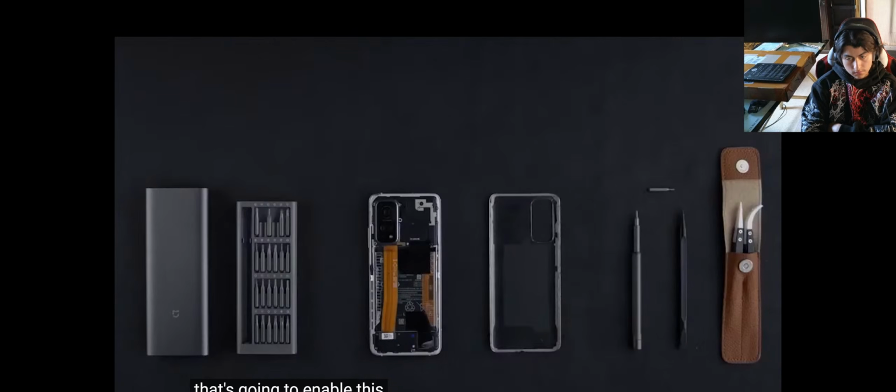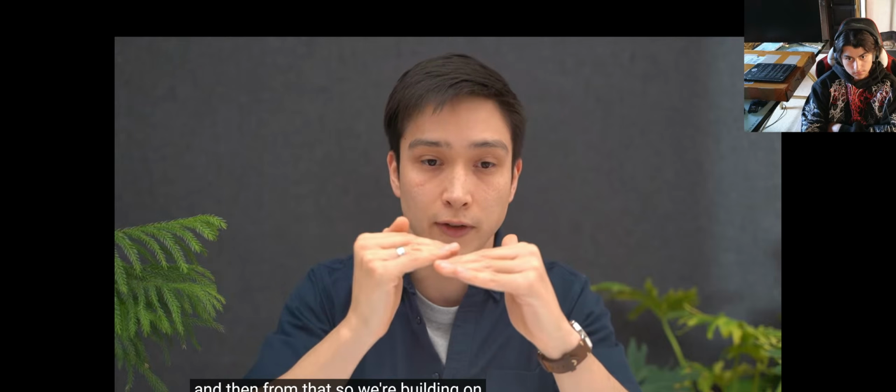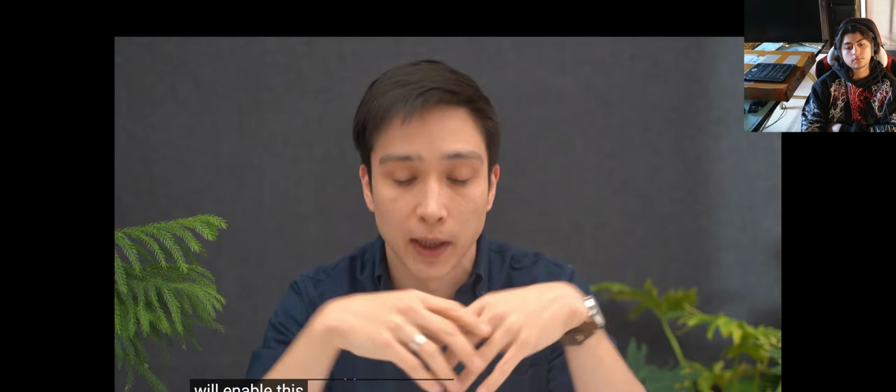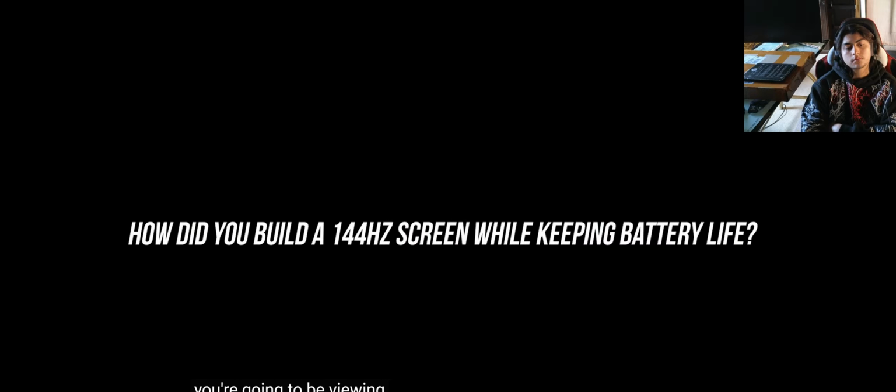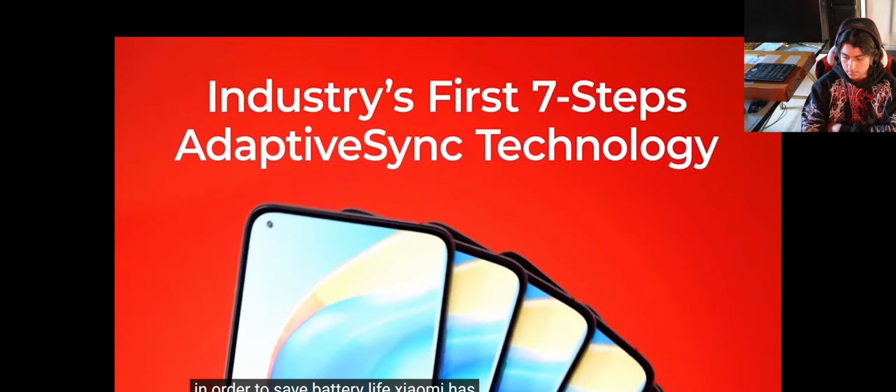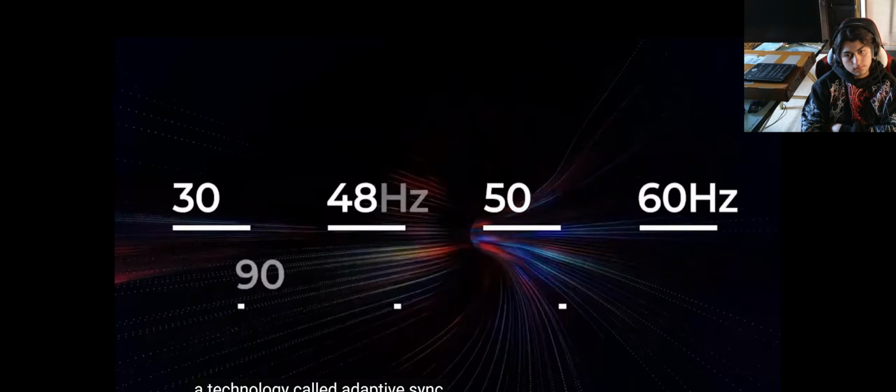And then from that, we're building on pillars here. We're building on the user need, we're building on the hardware that will support it, and then we build the software that will enable this and make the best use of content that you're going to be doing. In order to save battery life, Xiaomi has a technology called Adaptive Sync, which has 7 stages from 30 Hz all the way up to 144 Hz.